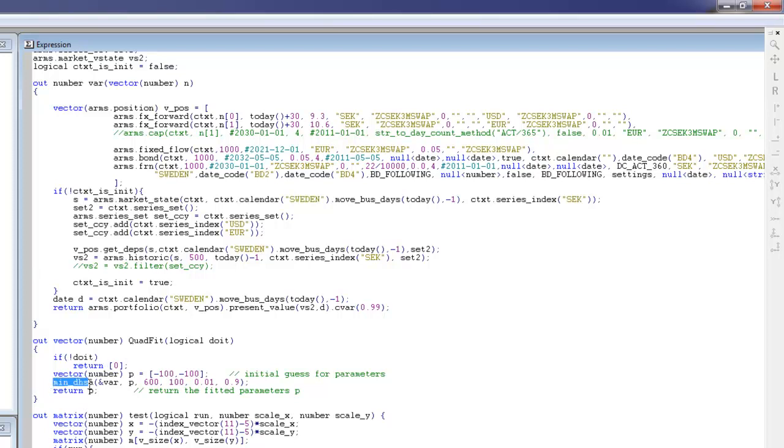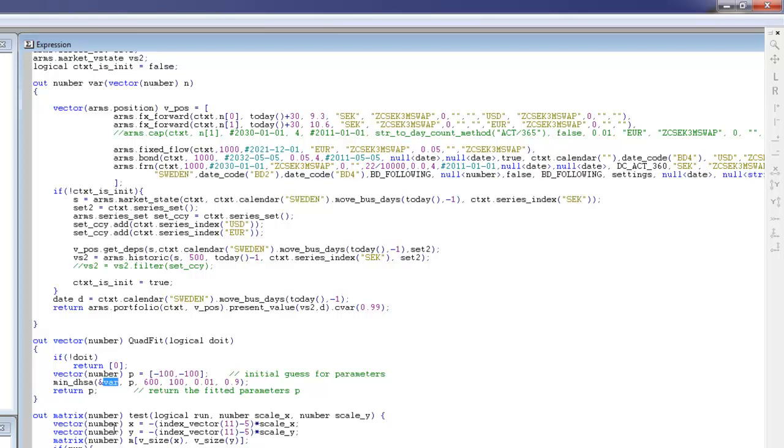So with this target function, with variable FX forwards, dollar SEK and euro SEK, we can now use our Downhill-Simplex nonlinear solver without any constraints, and just try to minimize this function and hope it's fairly convex.